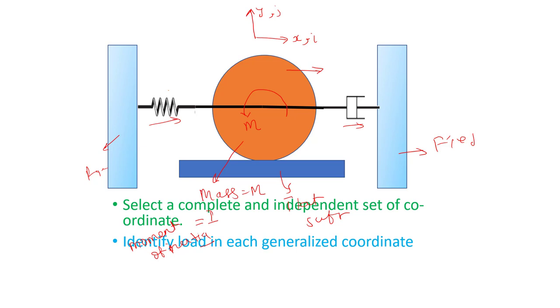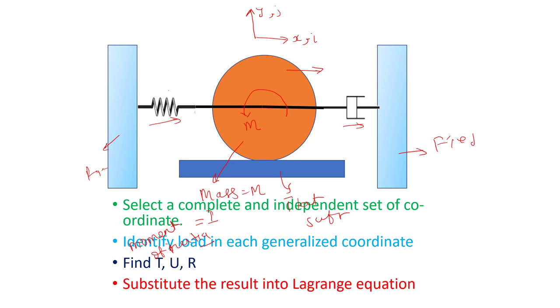We will see that if we select some other generalized coordinate system, we need to find these loads only in that specific generalized coordinate system. Third is that we have to find the kinetic energy, potential energy, and the dissipation energy. After finding them, we have to substitute all the energies in the Lagrange equation that we derived earlier in our previous lectures.